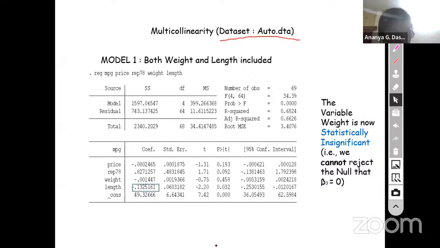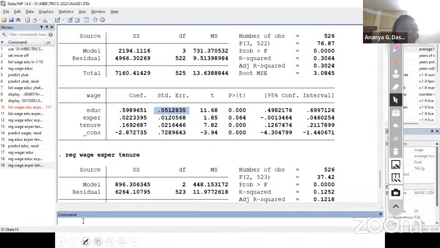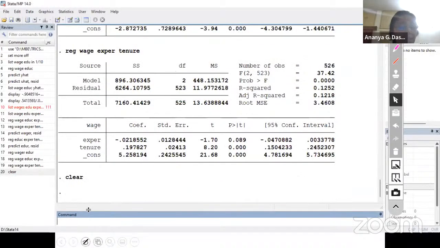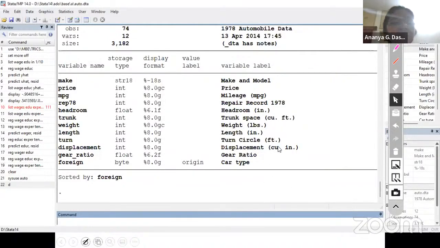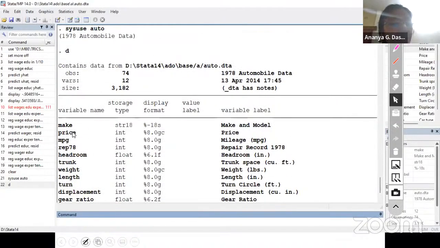I'll quickly show you how to use that. Currently I have this wage data set loaded. Suppose I get rid of it from Stata's memory and I say sysuse auto.